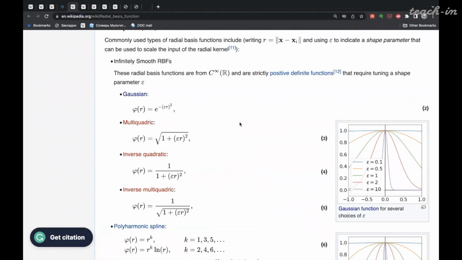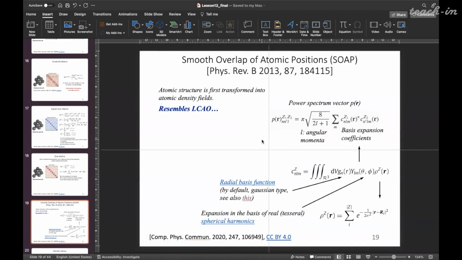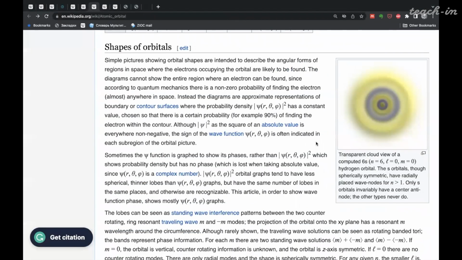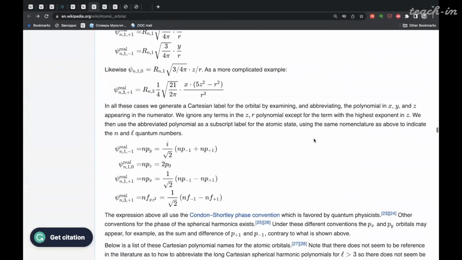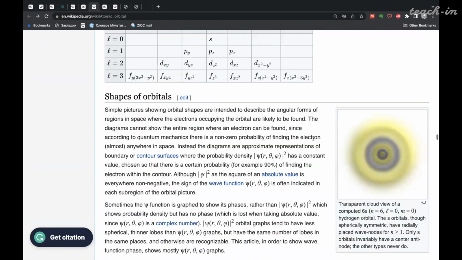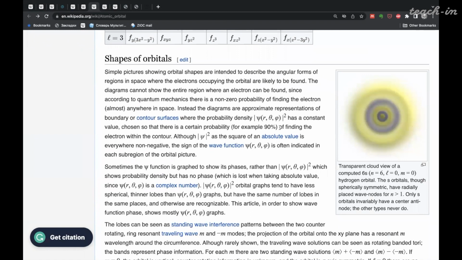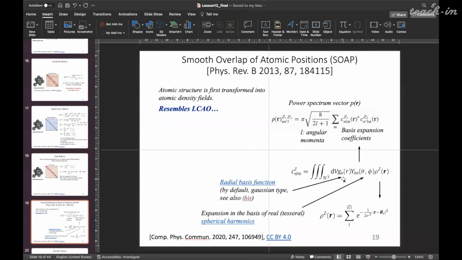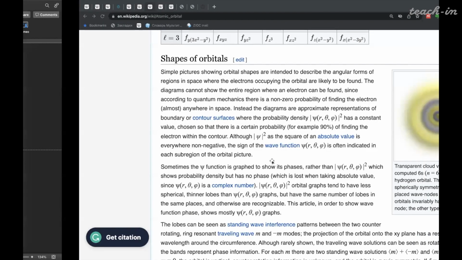This combination basically resembles atomic orbitals, and atomic orbitals in a hydrogen-like atom also consist of a radial basis function that can be of Gaussian type or Slater type, and spherical harmonics.